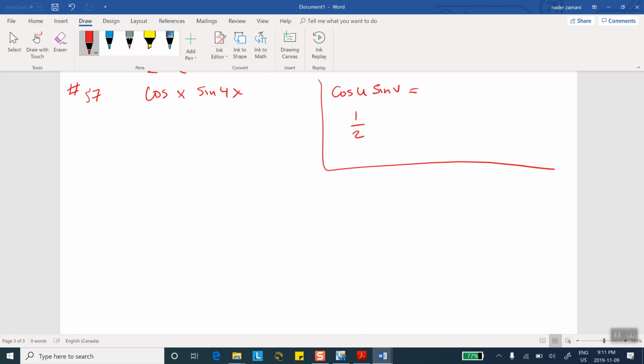And it's going to be 1/2 sine of u plus v minus sine of u minus v. It looks something like this.